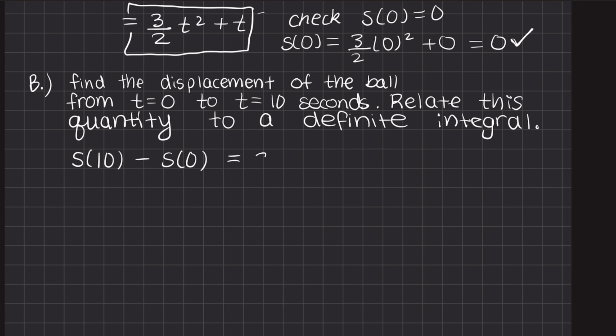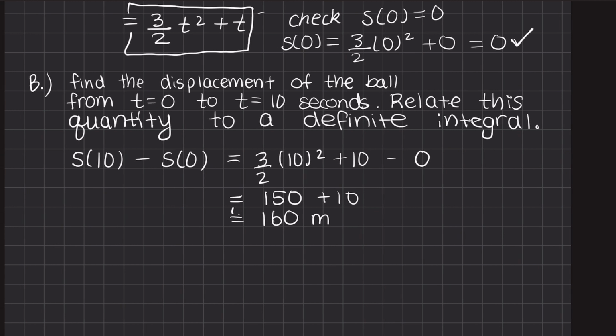So we're like, okay, this is 3 halves 10 squared plus 10 minus, and s of 0, we get 0 for all of those. So we get 3 halves times 100, which is going to give us 150 plus 10. So we've got 160 meters is going to be our displacement.